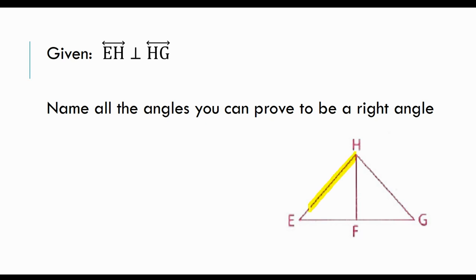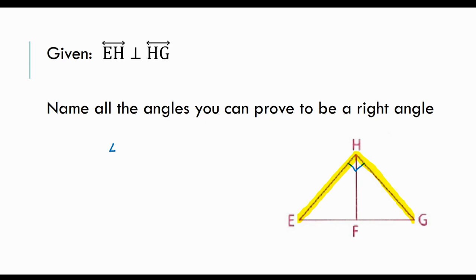EH is this line right here, and HG is this line right here. It's only where those two lines intersect that we're going to be able to state that we have a right angle. Notice that those two intersect, and so this big box right here is what's forming that right angle.